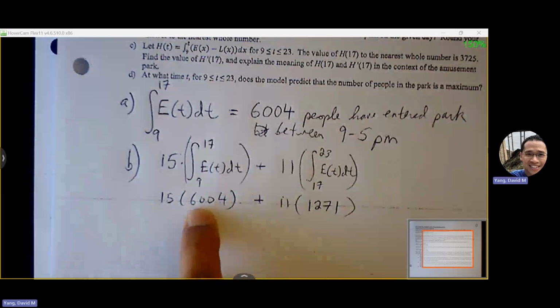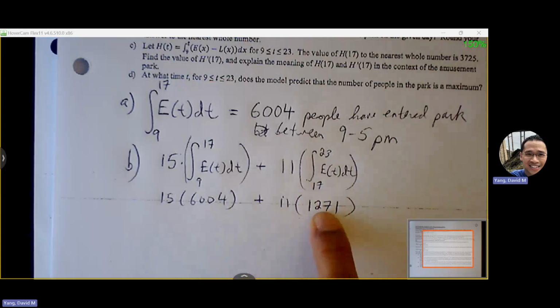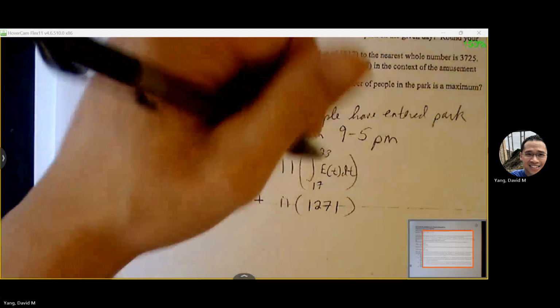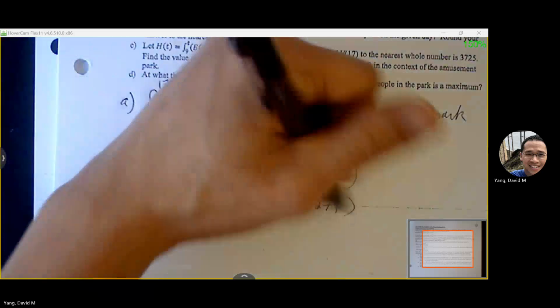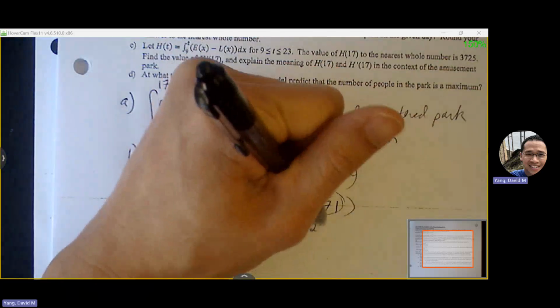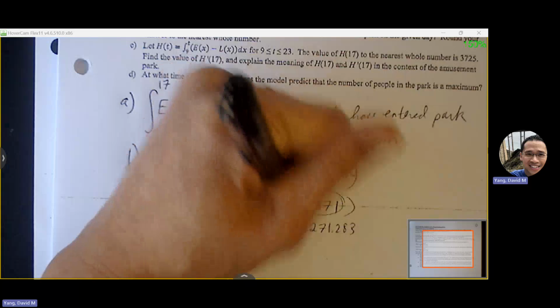So 6,004 people between 9 and 5 p.m. We're charging each of them $15. And then 1,271 people between 5 p.m. and closing. And each of them gets charged $11 for entry. So I rounded this maybe a little too early here, 1271.283.